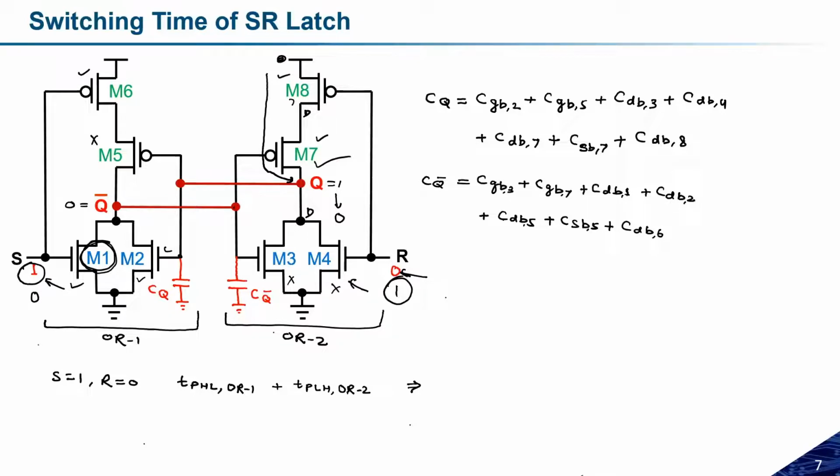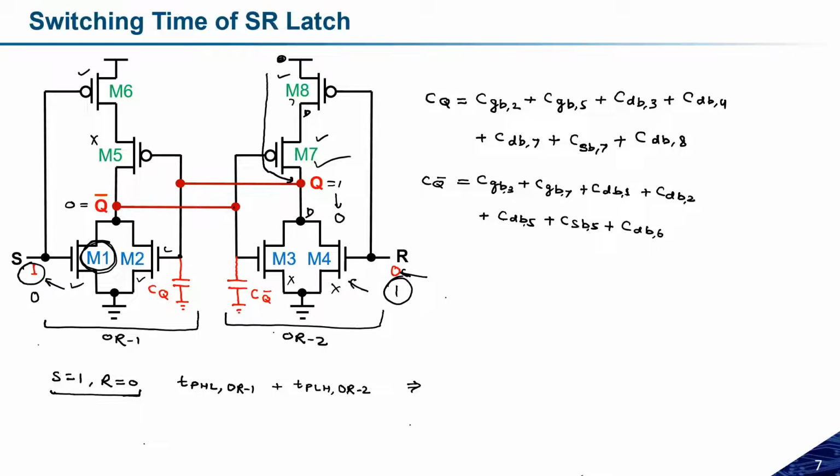Let us assume I have provided S equal to 1 and R equal to 0. Initially, I'm assuming the condition was different, because I just wanted to make a state change. So suppose I'm putting S equal to 0 and R equal to 1.